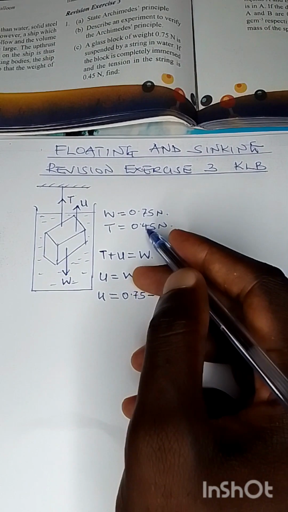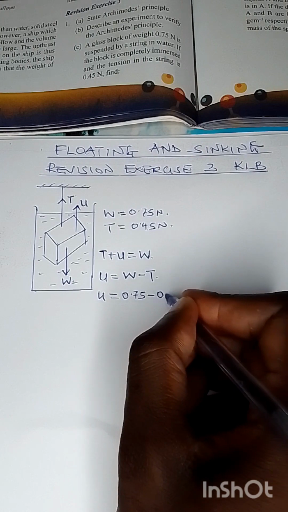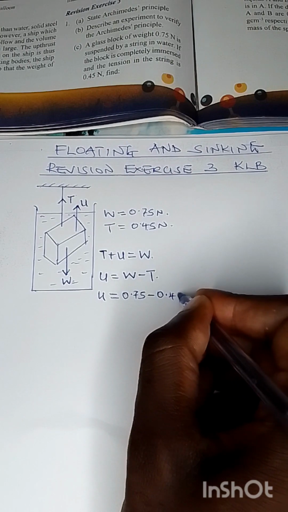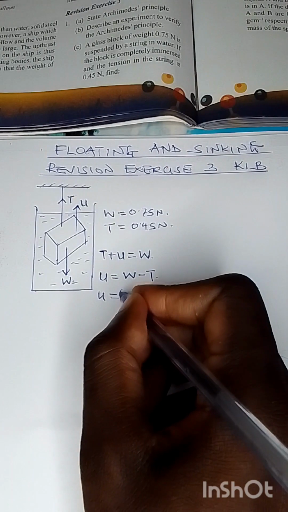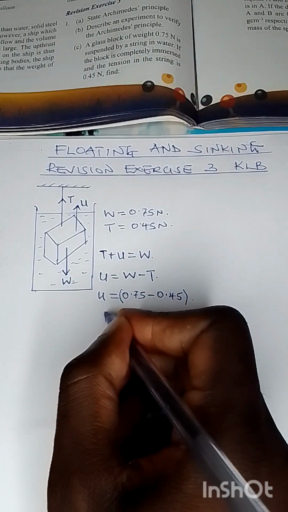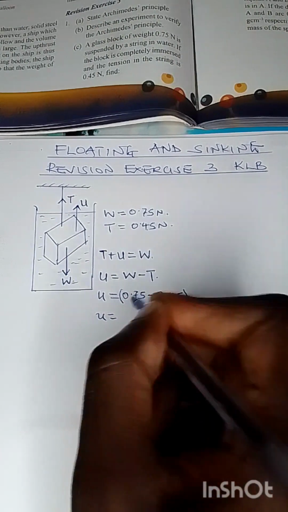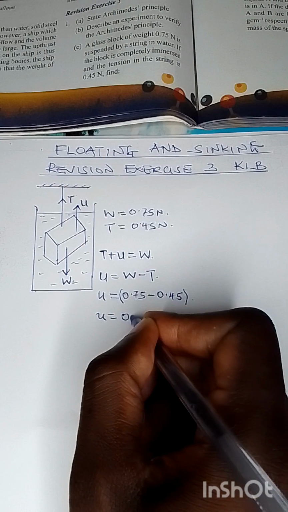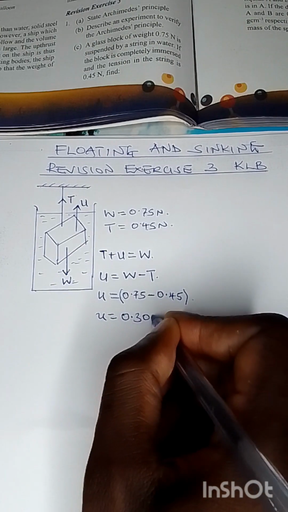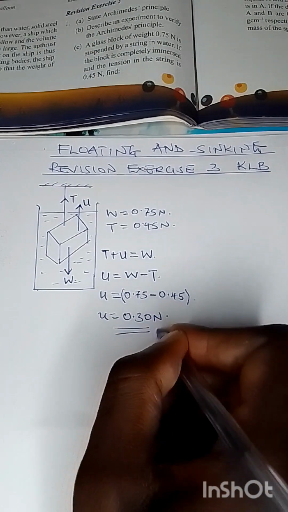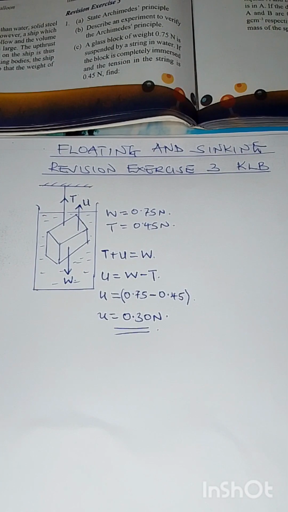I subtract the tension force, which is 0.45. Once that is done, we'll get our upthrust, which is 0.30 newtons. So that is the upthrust on the block.